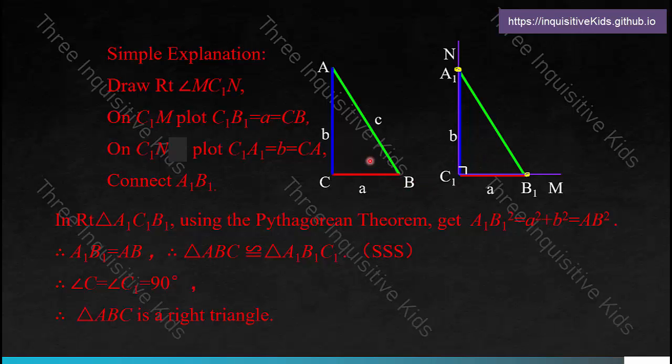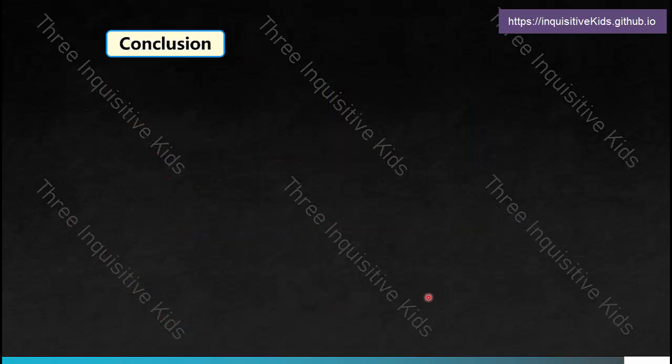So basically what we need to do is prove that AB is equal to A1B1. Then we use the SSS rule of congruent triangles, which we learned last year. I'll put the link in the description below if you need to check that out. So using that, we learned that triangle ABC is a right triangle.